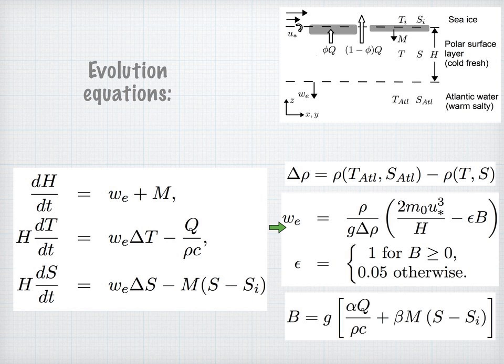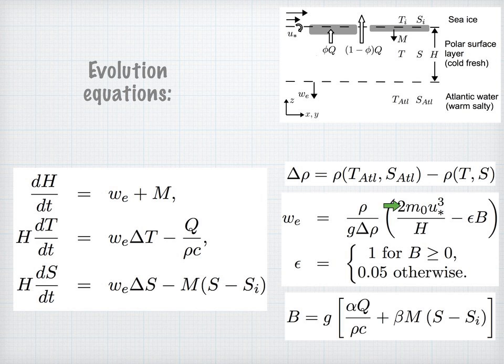And then to close these equations, we need to compute these quantities. We need to have some parameterization for the entrainment rate, WE. And this formula here is a simple, convenient form. It's from Kato and Phillips. And it says that the entrainment rate is due to a competition of two effects.